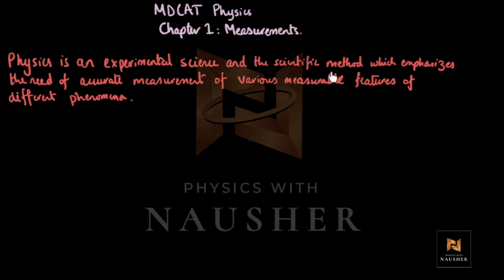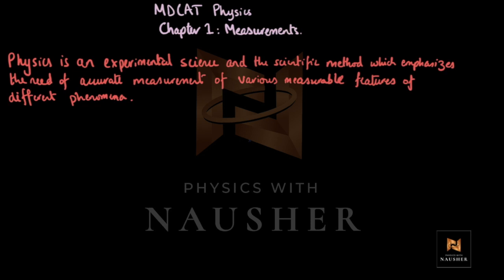And it is a scientific method which emphasizes the need for accurate measurement. So one thing is that you have to experiment, but the readings in the experiment should be accurate and, something you know from A-levels, precise, both. So you should understand that this is coming later in the chapter. Of different phenomena, it could be mass, length, time, whatever you're measuring has to be accurate, has to be precise.